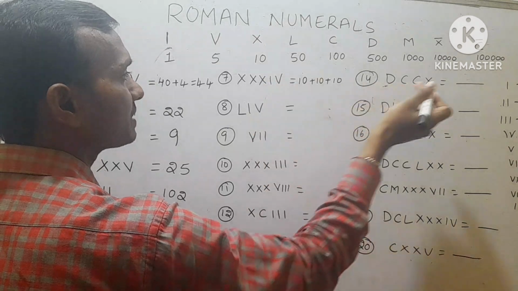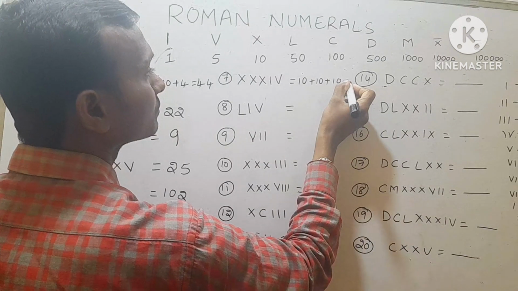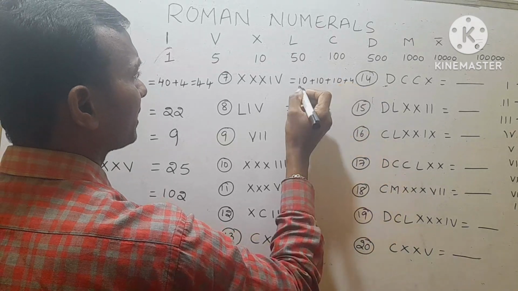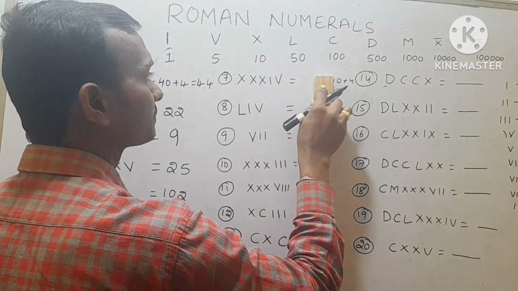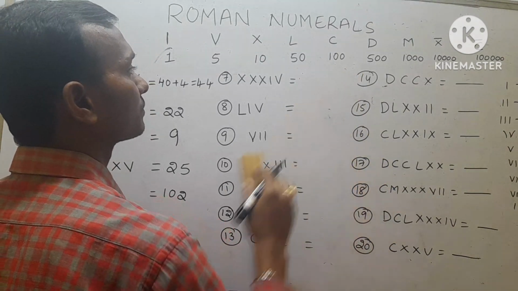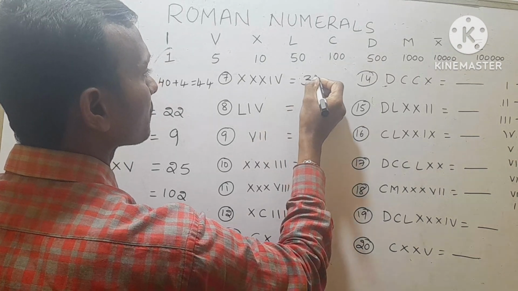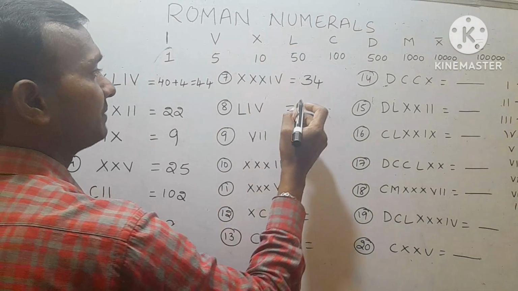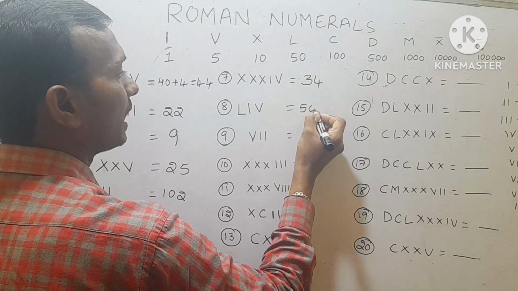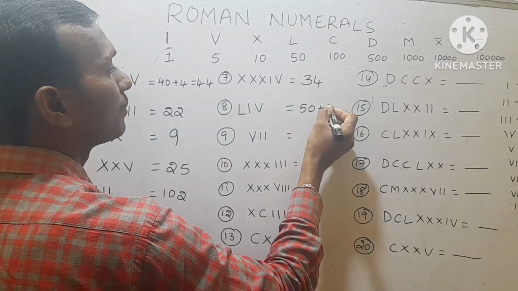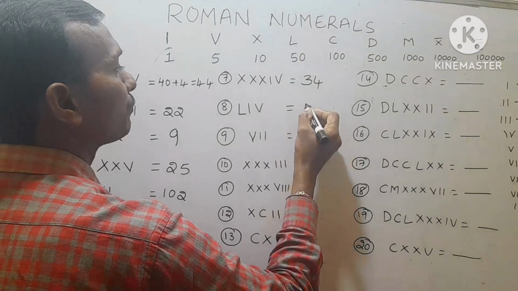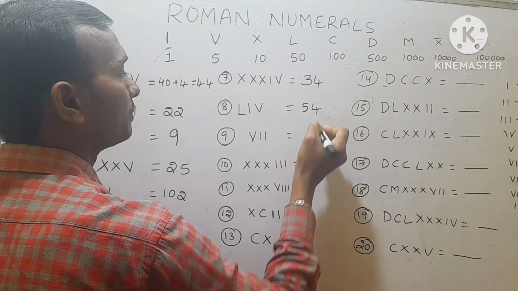IV means 4. 10 plus 10, 20. 20 plus 10, 30. 34 is the answer for this. Coming to the next question. L stands for 50. IV means 4. The answer is 54. 50 plus 4, 54.